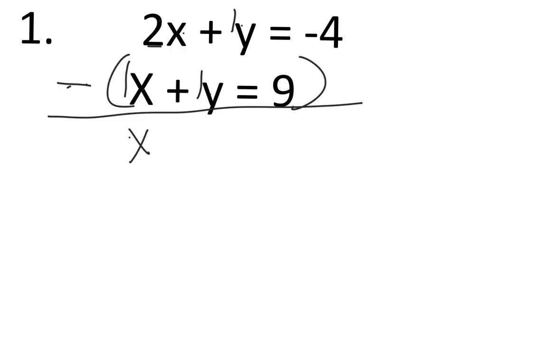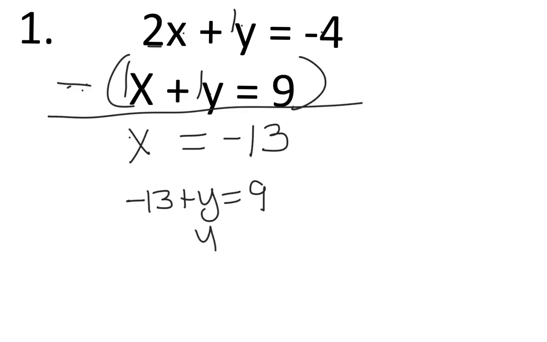Y minus y goes away. Negative 4 minus 9 is negative 13. So now we got our x. So now we can substitute negative 13 for x. So negative 13 plus y equals 9. So y equals 22. So our answer is the ordered pair, negative 13, 22.